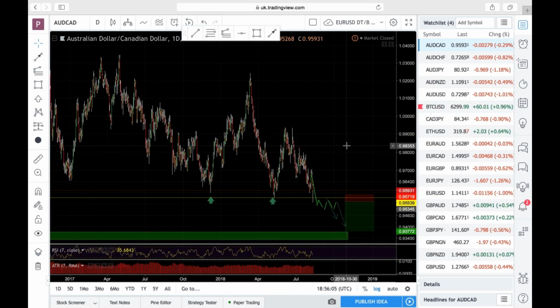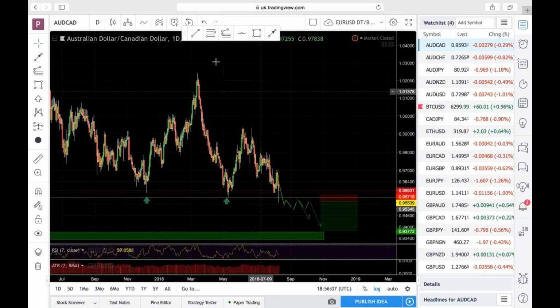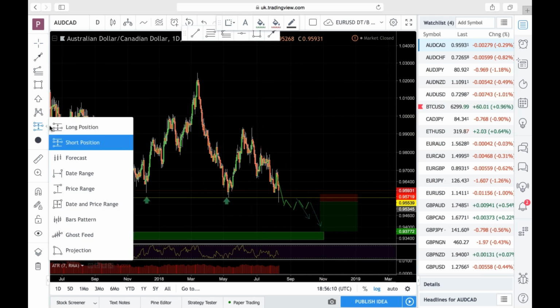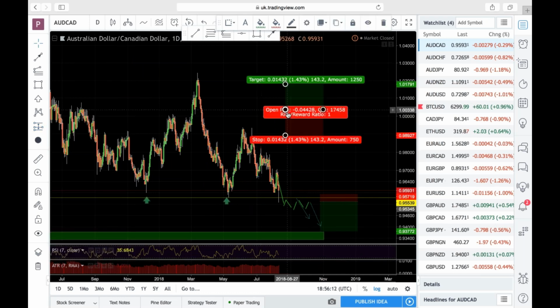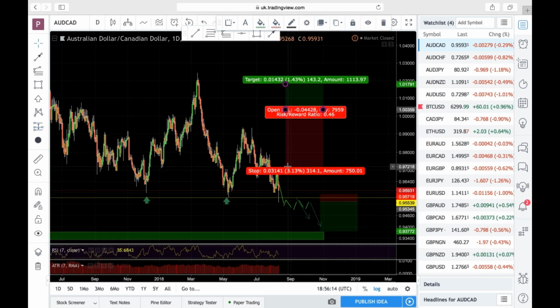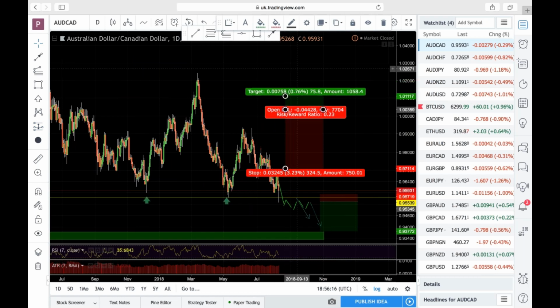So I see people taking trades where they're risking so much. Their risk reward looks something like this. They're risking this, and they're making something like this. This is ridiculous. It doesn't take a genius to see you're risking 75 to make 300.